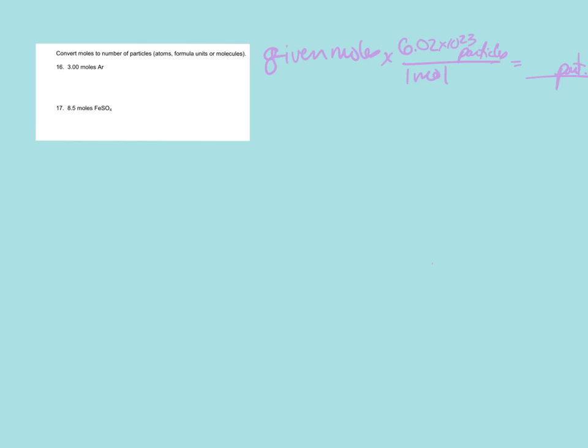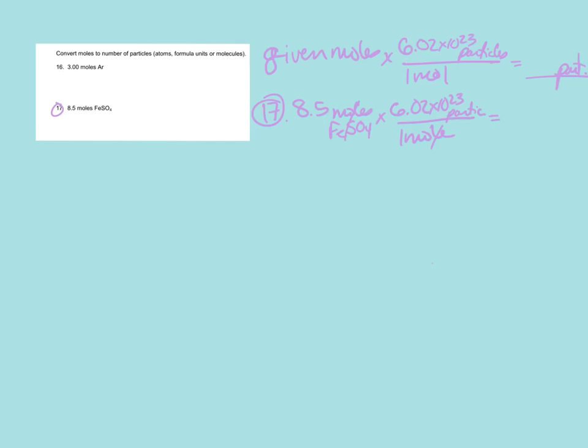So that will give us our answer in particles. So I'm going to do number 17. Our given moles is 8.5 of iron 2 sulfate. 1 mole of anything, doesn't matter what, is 6.02 times 10 to the 23rd particles. So moles will cancel.